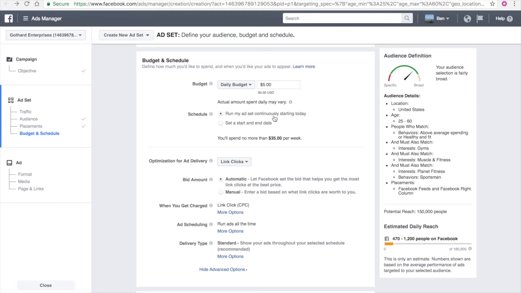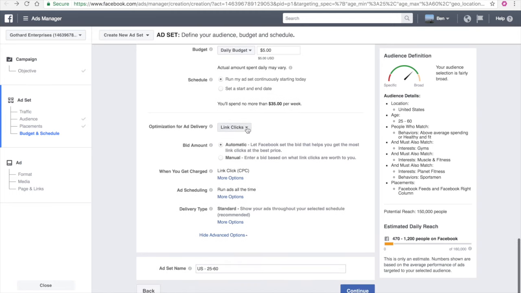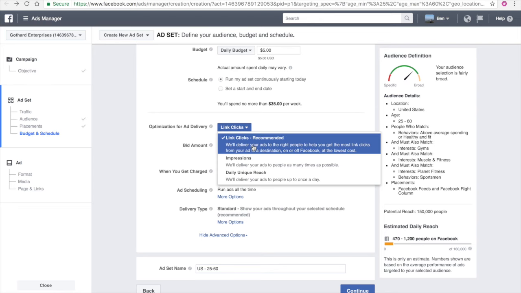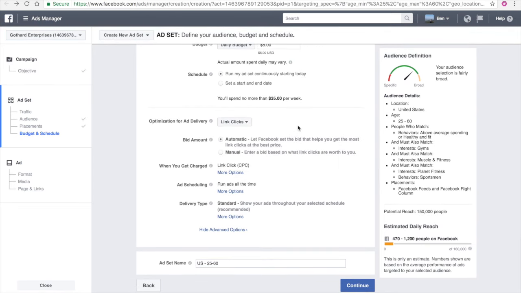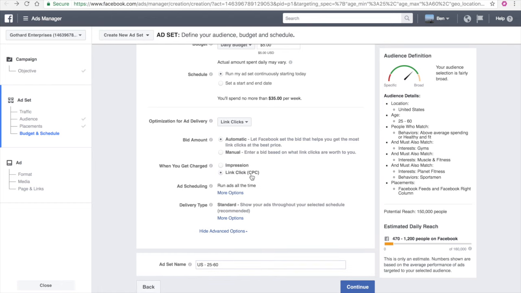So we'll start off with a $5 budget, and we're going to go down. We're going to optimize for link clicks, absolutely. We're going to set our bid amount to automatic because we haven't tested this out yet, and we are absolutely going to keep it on link click, so we only get charged when people click instead of when people see it.